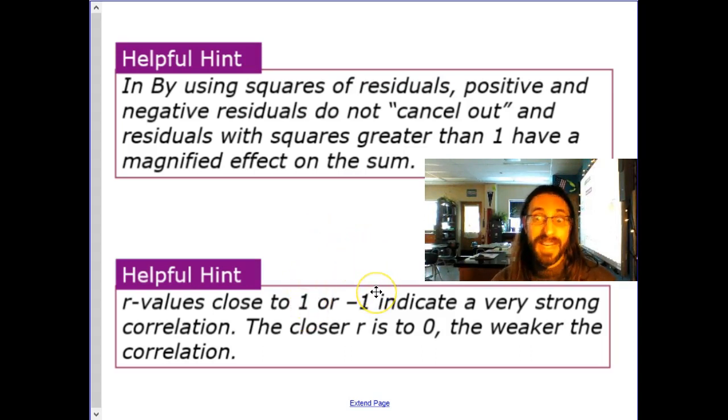When it's negative 1, it is very strongly negatively correlated. And when it's 0, there's no correlation. So all regressions have a value between positive 1 and negative 1. But the closer it is to positive or negative 1, the better fit it truly is. So again, you can pull the slide up after this short little video is over.